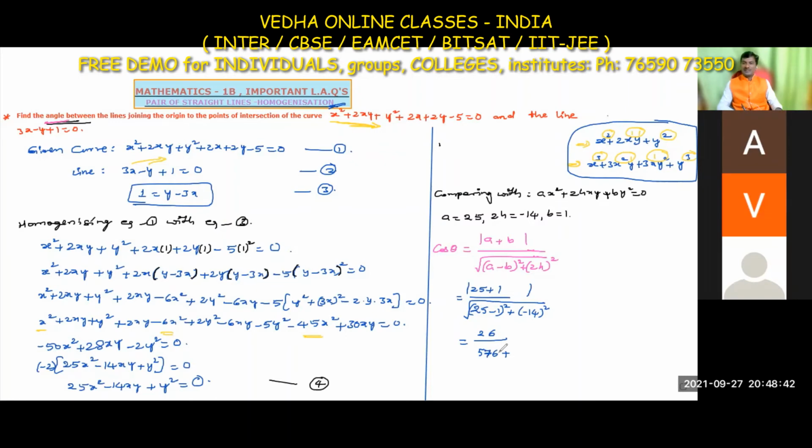And 14 square. What is 14 square value? 196. Very good. Now add these two values. Then we get 26 divided by 576 plus 196. Add these two numbers. Then what do we get? 772. Yes, very good, 772.